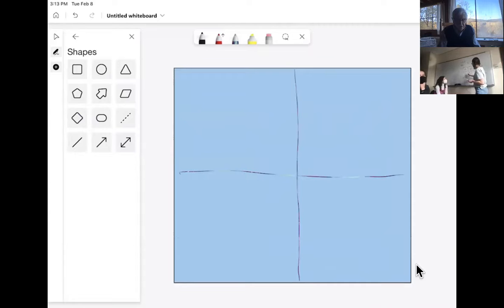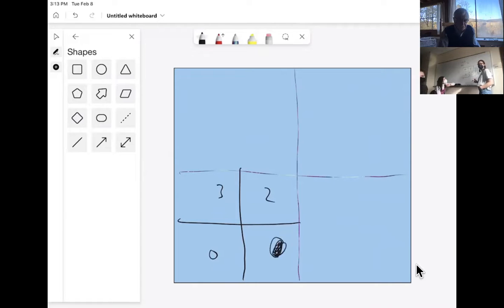So it's in this 0th one right here. And then it's always 1. So we divide that into 4. And this time 0, 1, 2, 3. So that means it's in this one right here, down here.